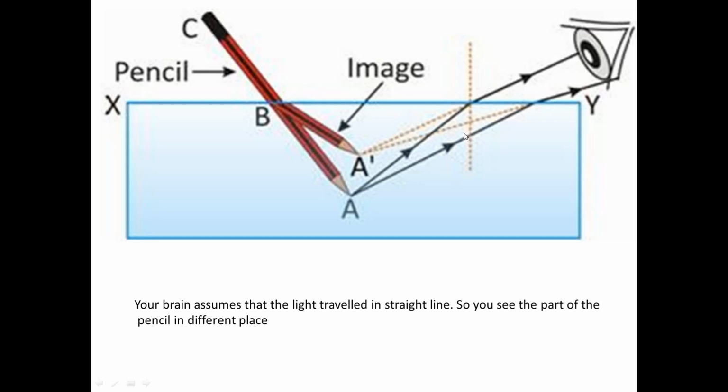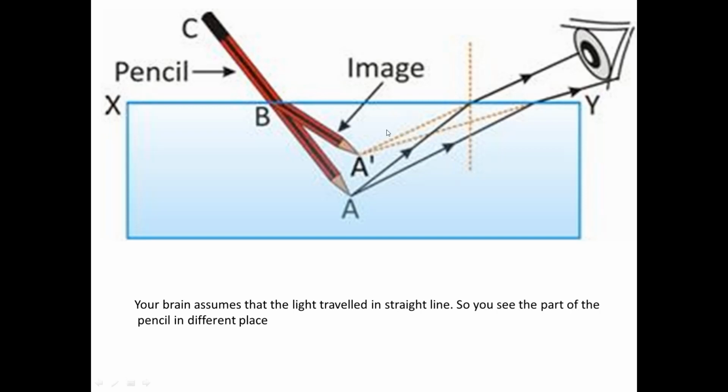Because the direction of light changes when it passes from one medium into another. Okay, so these two rays change direction, but our brain assumes that the light travels in a straight line. So we assume it travels as a straight line, and we can continue this ray till these two rays meet each other at another, different place.